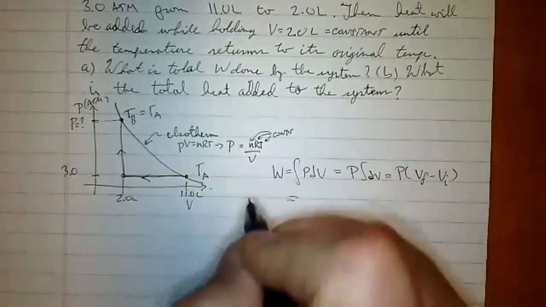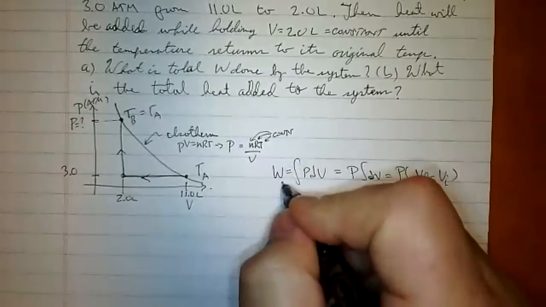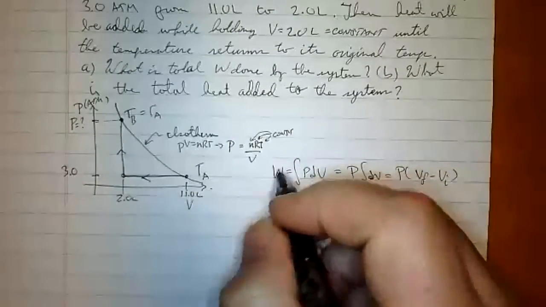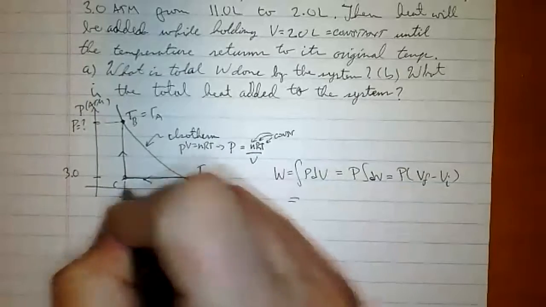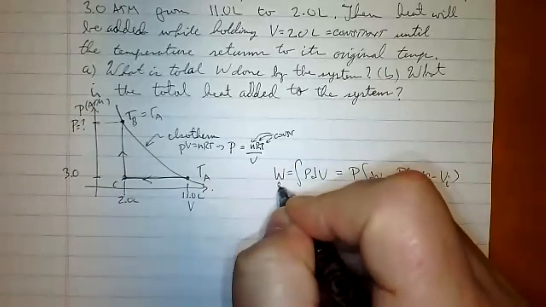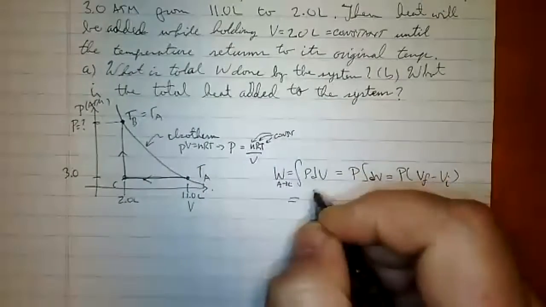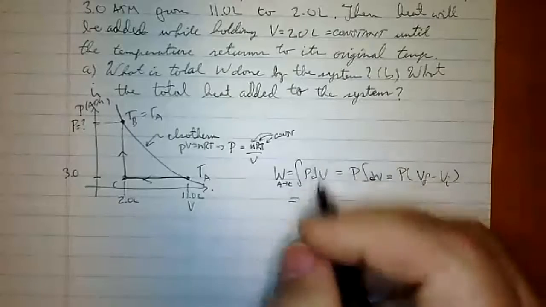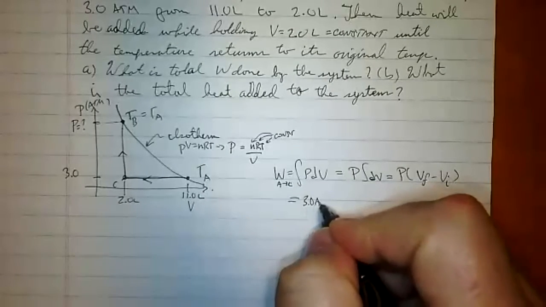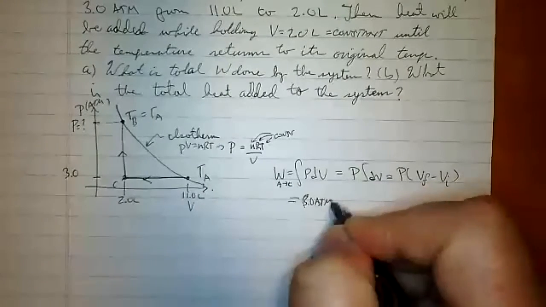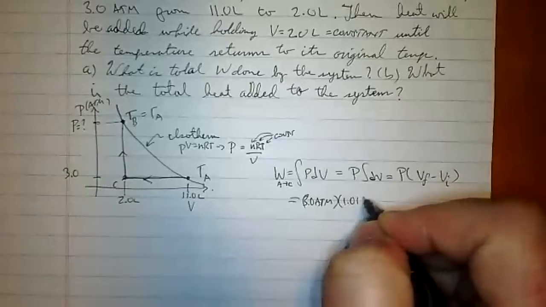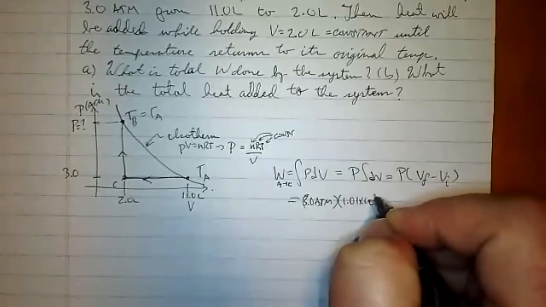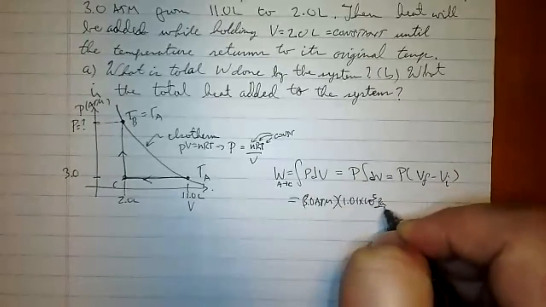Let's call this point C, so I'm going to say work from A to C. The pressure is 3.0 atmospheres, and an atmosphere is 1.01 times 10 to the 5th Pascal.